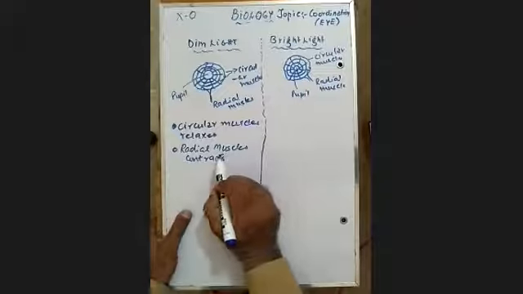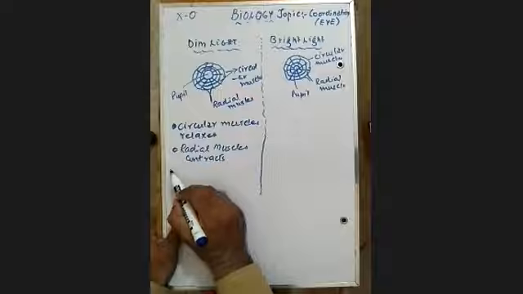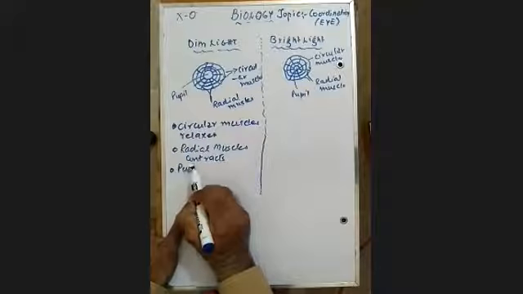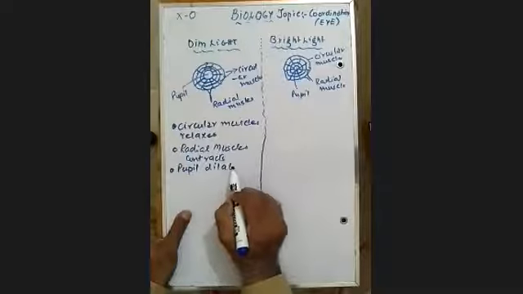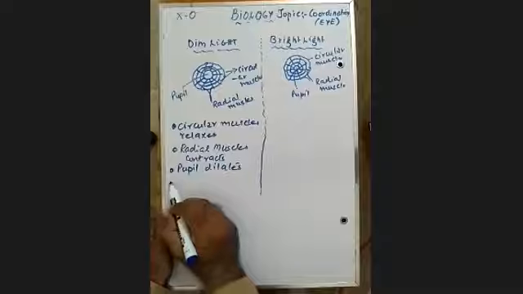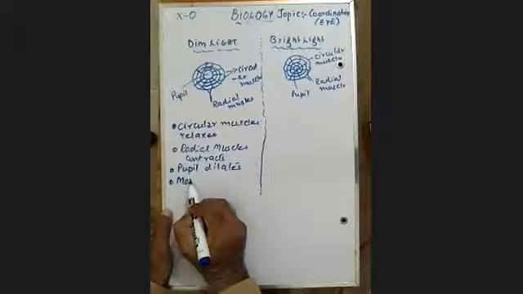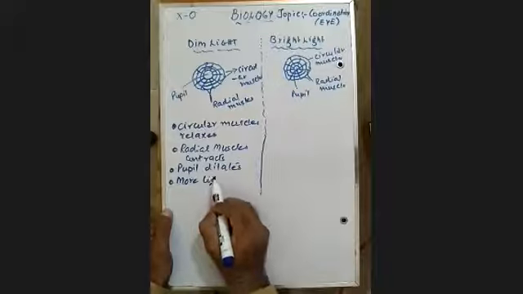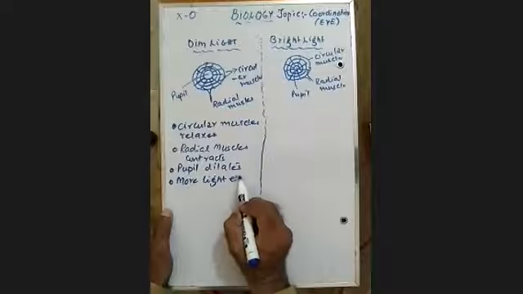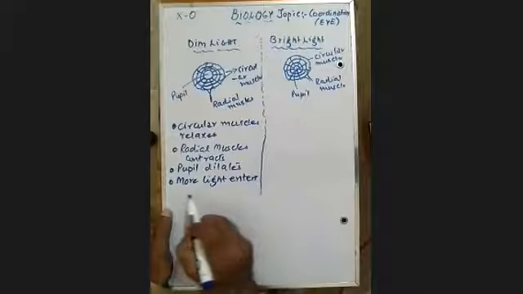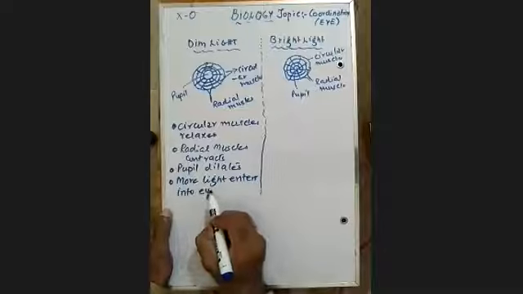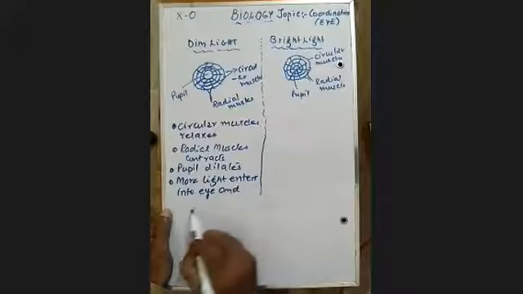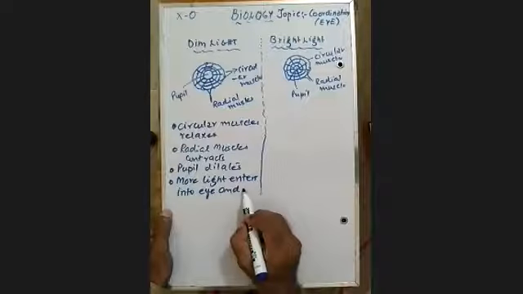Radial muscle contracts, pupil dilates. Pupil dilates, more light enters. And image becomes clear.